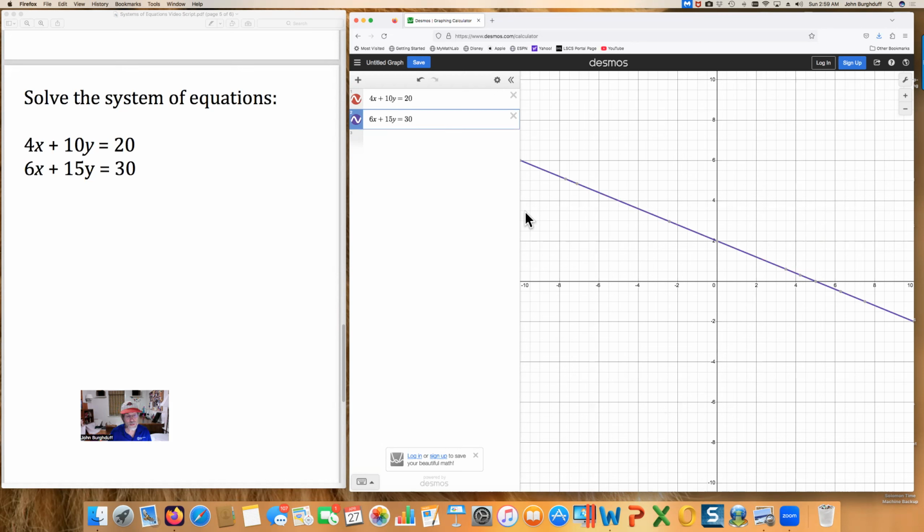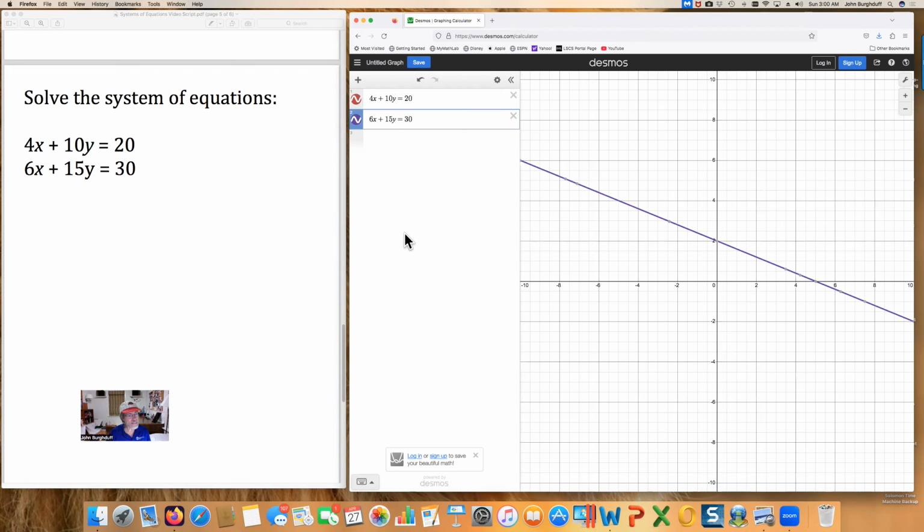Now, if the solution of a system of equations is an ordered pair that corresponds to a point where the lines cross, and the lines are actually the same line, they cross at every point on that line. I'm going to hover over a few here. All of these ordered pairs and every other one on that line is a solution of both equations.